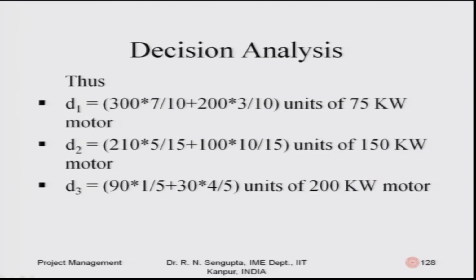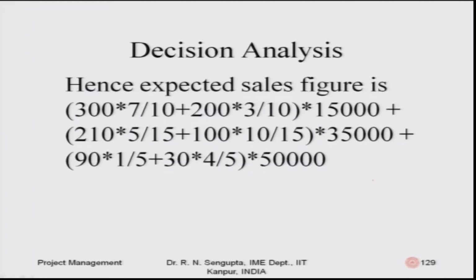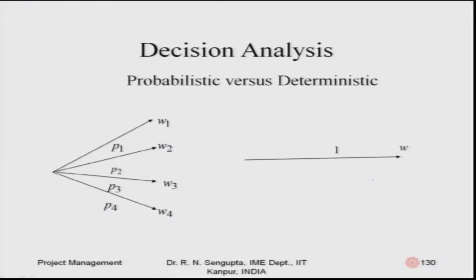This is a very simple way of trying to solve it. Hence, the expected value figures are given. You multiply inside the bracket the numbers by the selling price, and you find it out. So, exactly the same, only the quantum of numbers shown are changing.